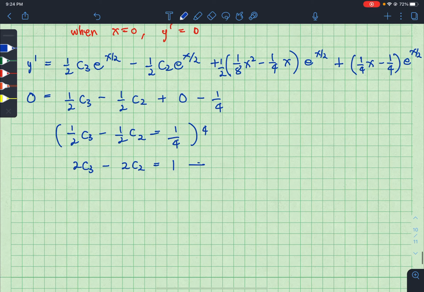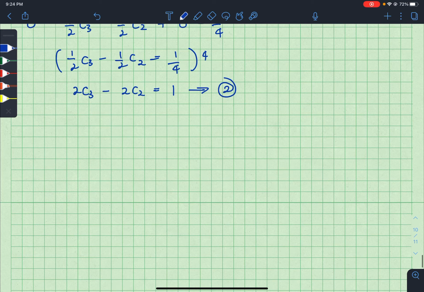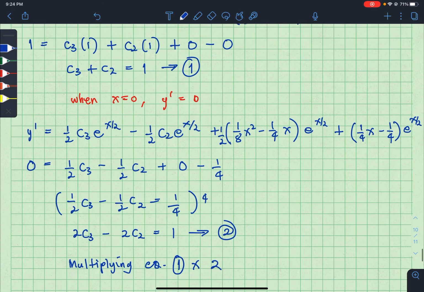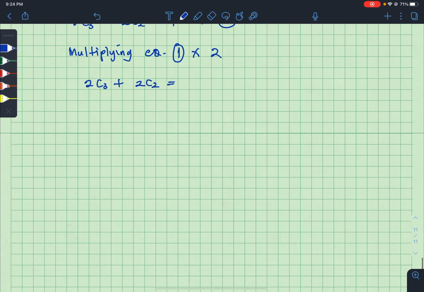And then I have equation 2. So multiplying equation 1 by 2, that would give us 2c3 plus 2c2 is equal to 2.